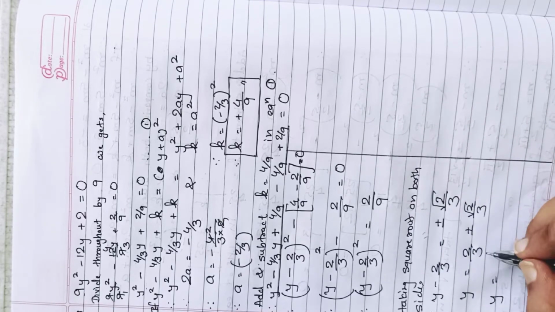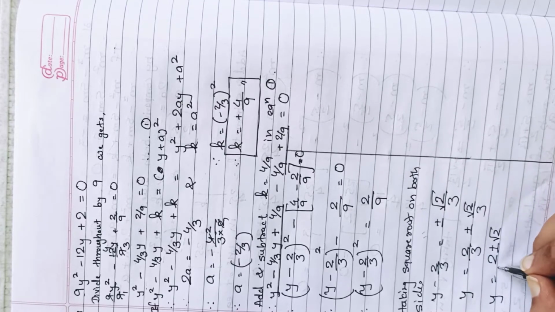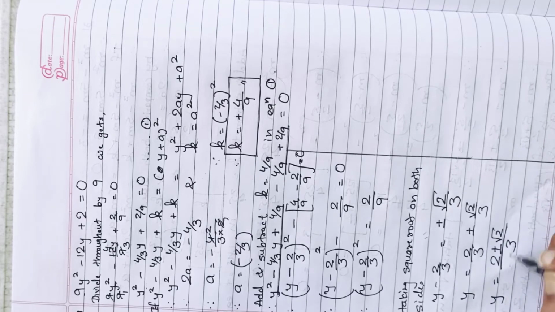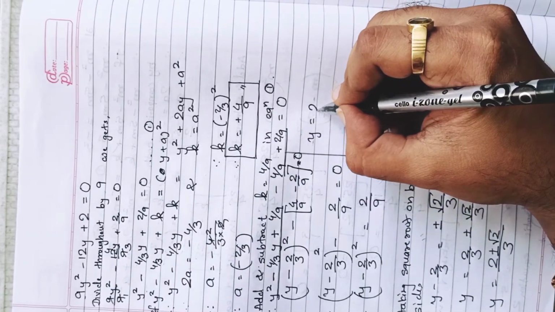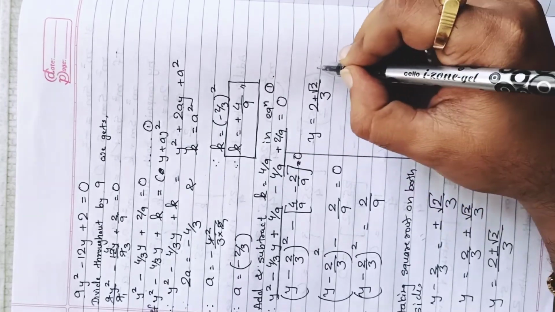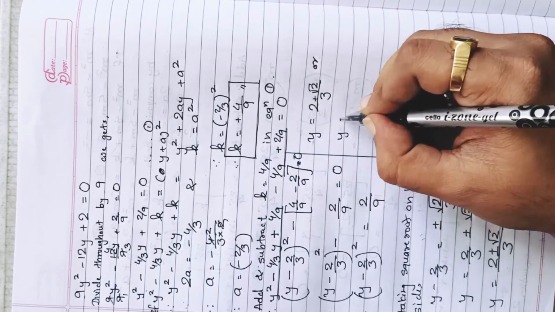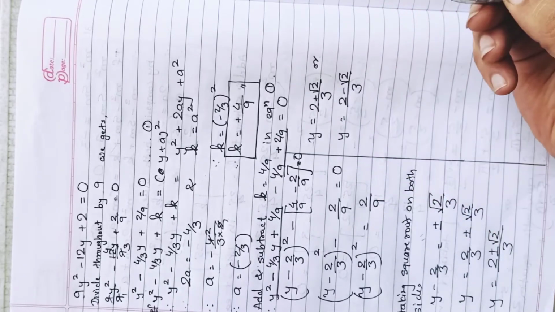Y equal to, now denominator is same, so 2 plus minus root 2 upon 3. Now we need to separate them. So y equal to 2 plus root 2 by 3, or y equal to 2 minus root 2 upon 3.